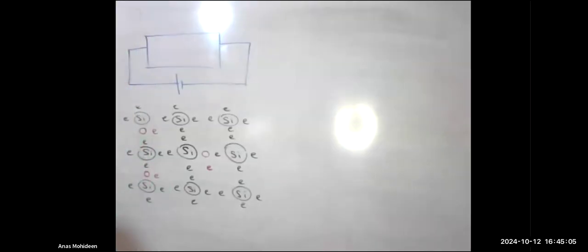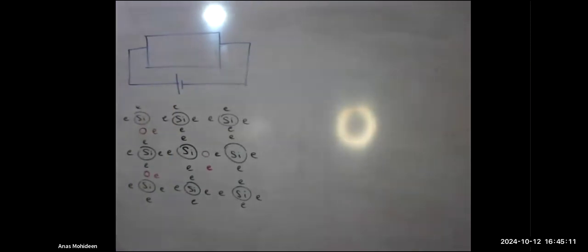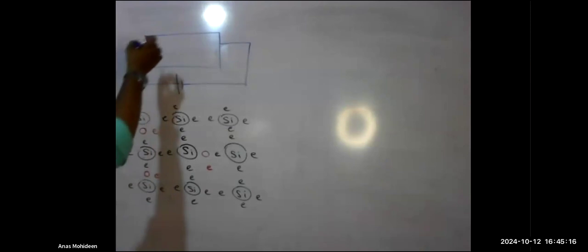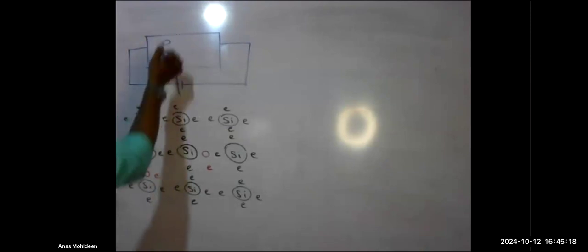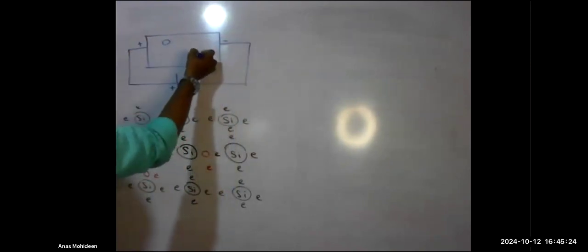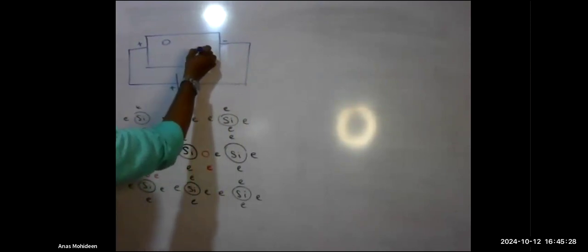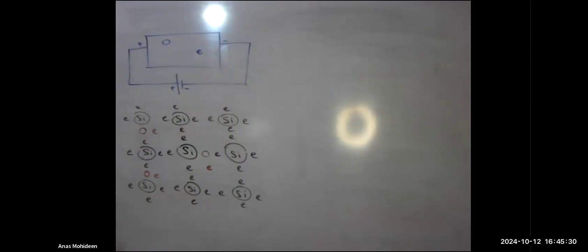Let's see what happens here. Now, this is a semiconductor, and you have the free holes and free electrons, both of them are there. This is the positive terminal, connected at positive, and the negative terminal connected at negative.